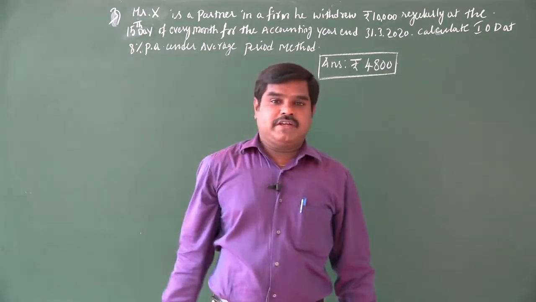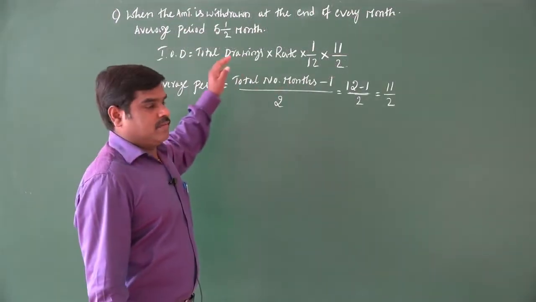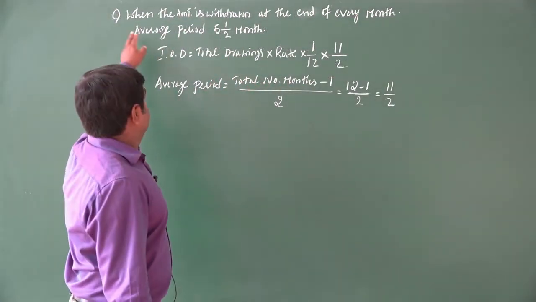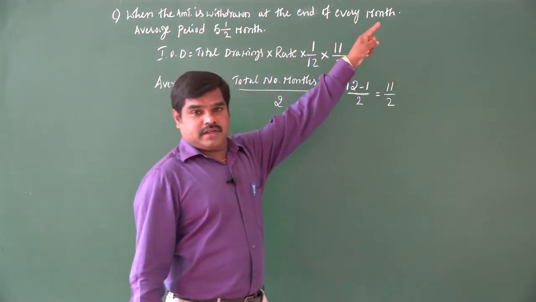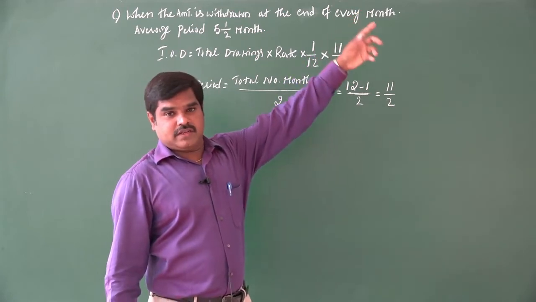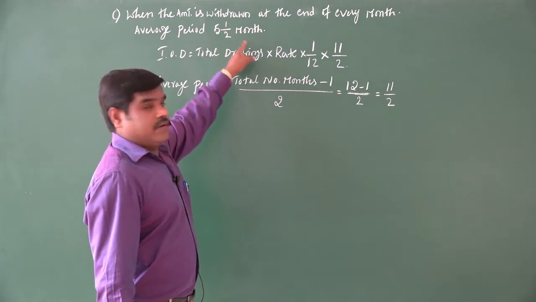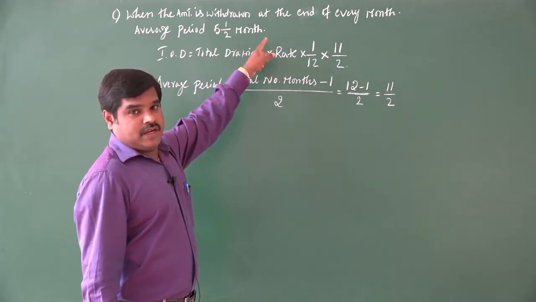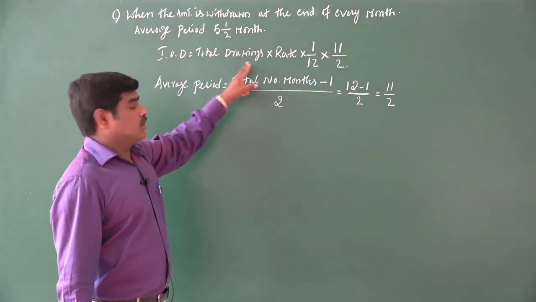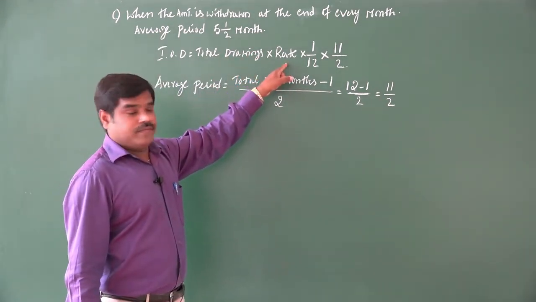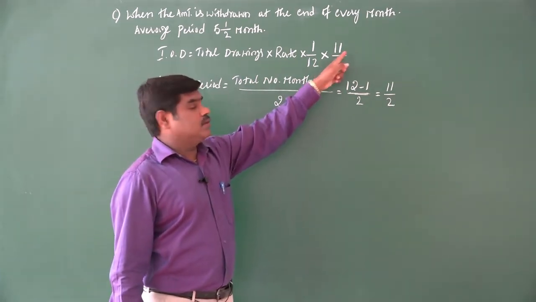We'll go to the next method, number 3 in the average period method: when the amount is withdrawn at the end of every month, whether the 30th, 31st or 28th. For the end of every month, the average period is 5.5 months. Interest on drawings is equal to total drawings into rate into 1/12 into average period.